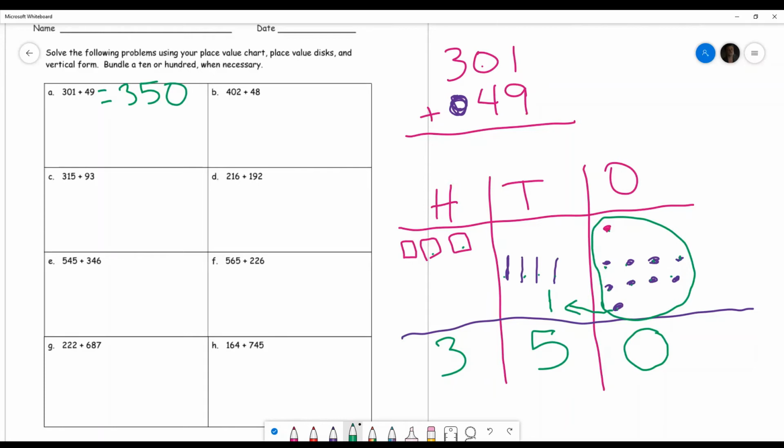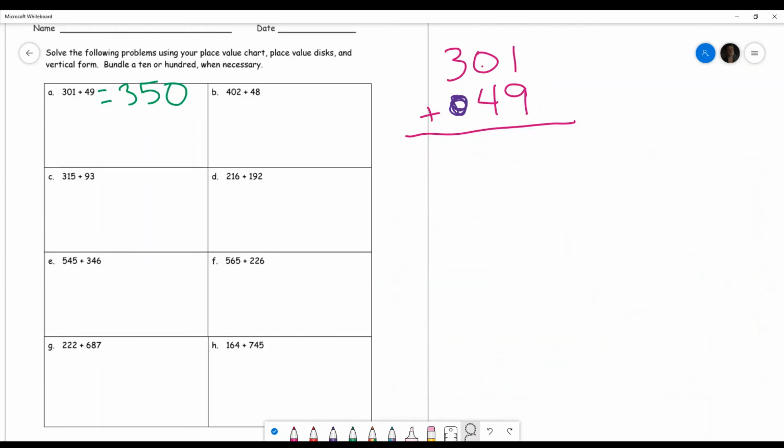Now, that's using the hundreds, tens, and ones chart, your place value chart. Now, solving this problem using place value discs, that's usually something we did with physical place value discs.